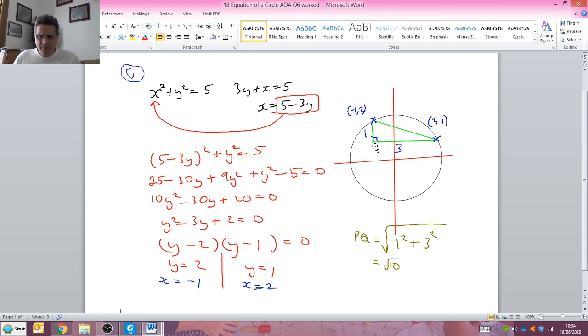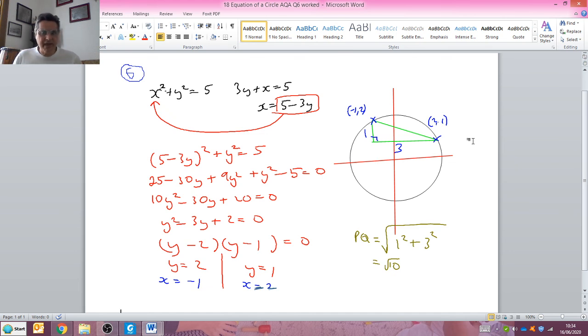So how big is that part there? Well, I'm going from 1 up to 2 up. So from 1 to 2, I've got a jump of 1 unit. And what about across here? Why is it 3? Well, I'm starting from minus 1 and going up to 2. So I've got a triangle with a short side of 1 and another short side of 3, the two shortest sides.